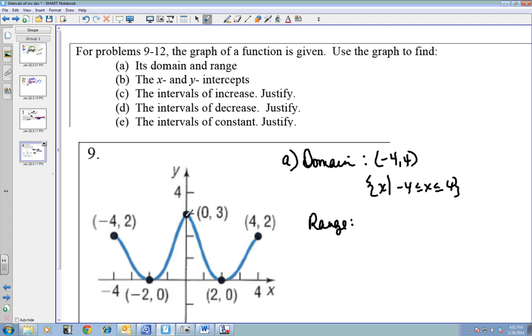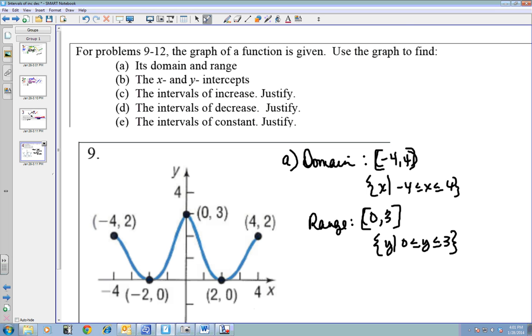My highest point is 3. So I could write 0 to 3. And going back, since these points are included, they're closed circles, I need to put brackets around here instead of parentheses. Same thing here, brackets from 0 to 3. Or I could write all y's such that 0 is less than or equal to y is less than or equal to 3.